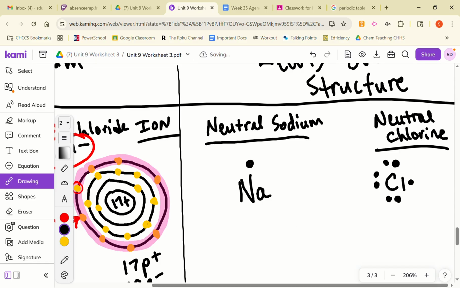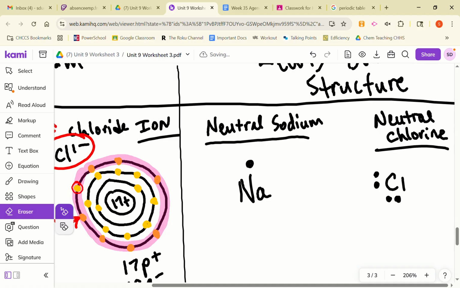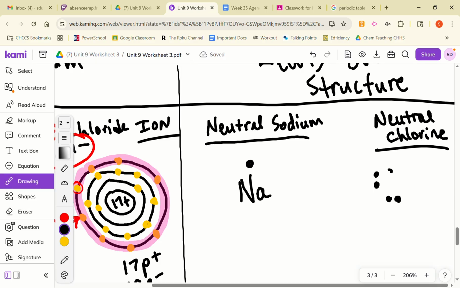Now we can see the 1 valence electron for sodium and the 7 valence electrons for chlorine. And this helps us see that neither of these atoms has a full valence level. Sodium has 1 too many, and chlorine has an empty spot right here.